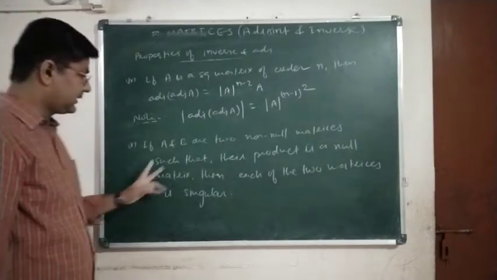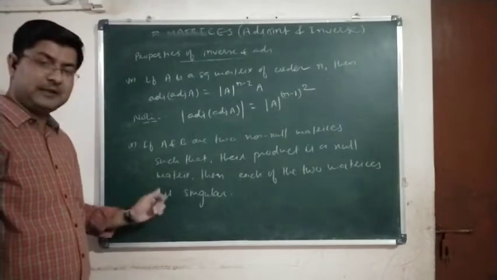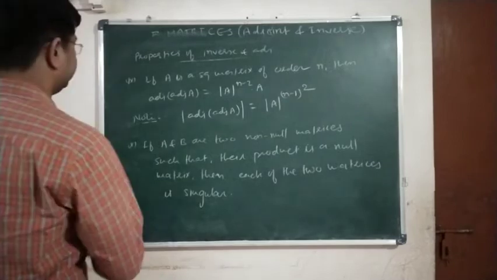Okay, it means what? If A and B are non-null but their product is a null matrix, then A and B both are singular. Clear? Now next property.